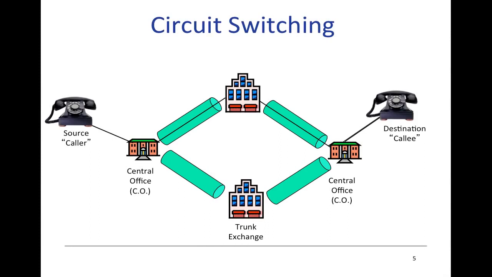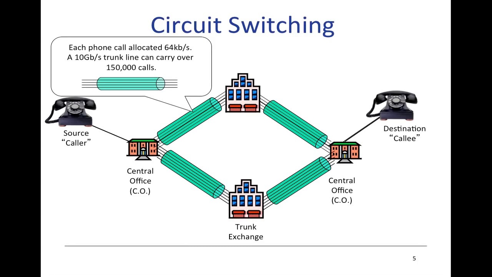So in practice, between the switches, there are trunk lines which are really, really fast. In other words, they have a very high data rate. Even the slow ones run at 2.5 gigabits per second, and the fastest ones today run at 40 or even 100 gigabits per second. Sometimes you'll hear people call these big trunk lines big fat pipes because of the volume of data they can send.